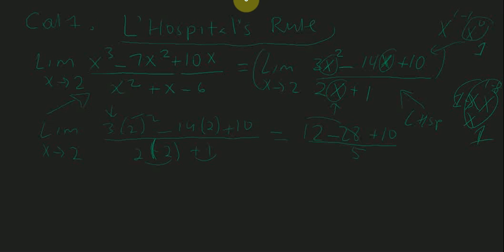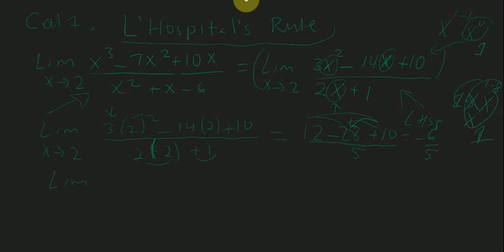So subtracting this and adding that, what are we gonna get? 12 plus 10 is 22, you subtract 28, and this is negative 6. And this 5 is coming here.